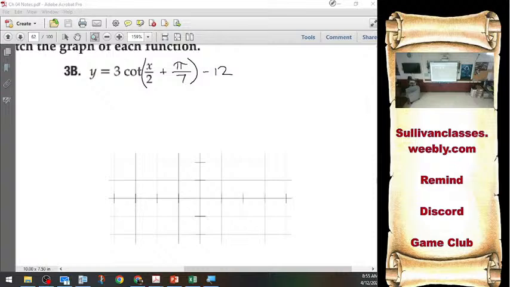I think the midline and amplitude's got to be the easiest part of these.